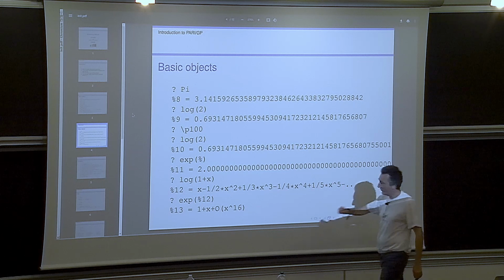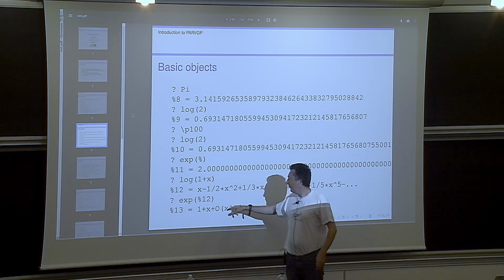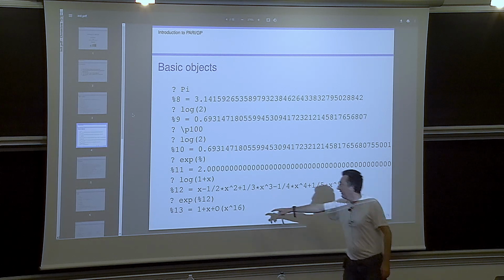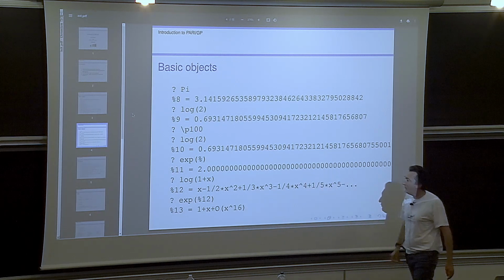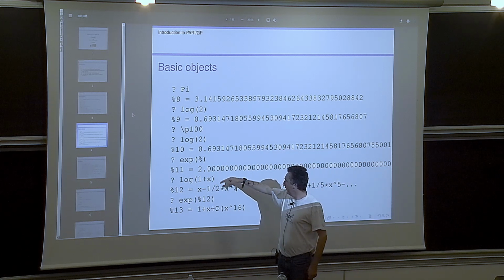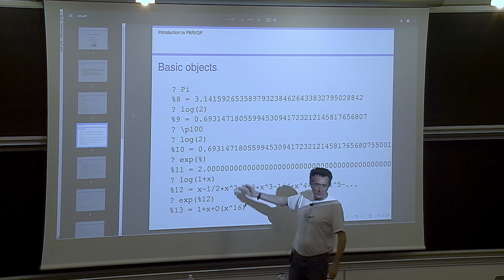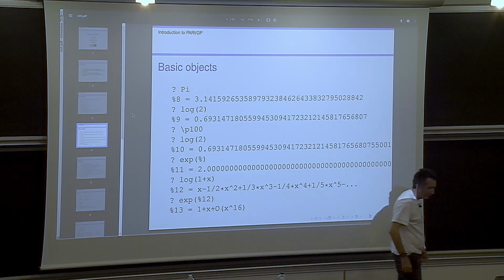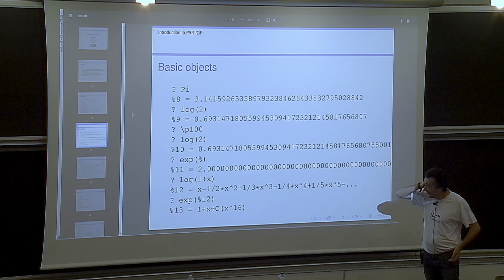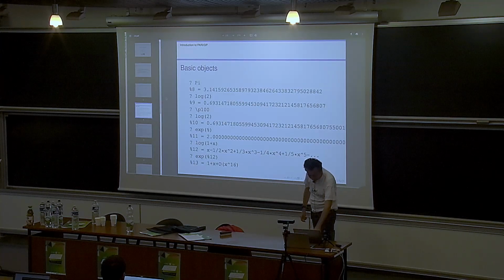Okay, and when you take the exponential, you see that you get 1 plus x plus big O of x power 16. So that tells you what the accuracy is. And if you are not satisfied with 16 terms, you can instead put 1 plus x plus big O of x power 100, and you will get 100 terms. Okay? So these are the basic PARI objects, to give you a flavor of what it is.